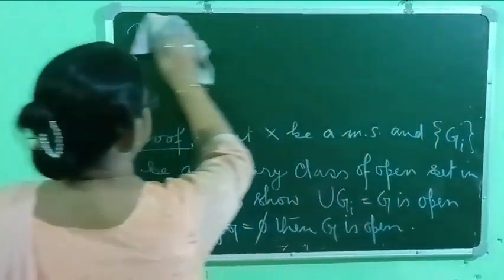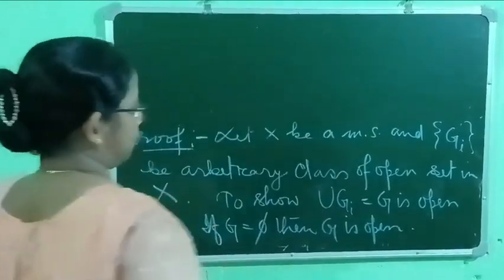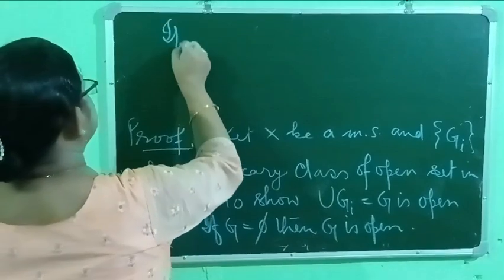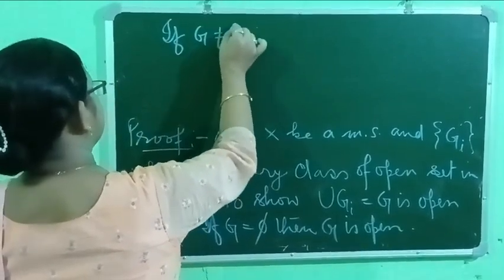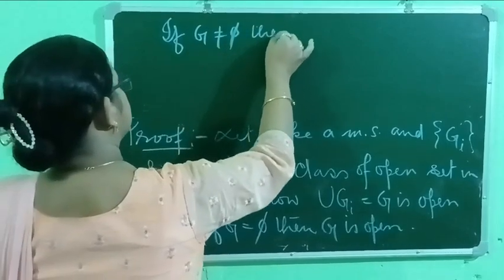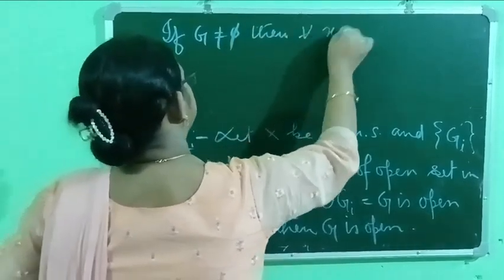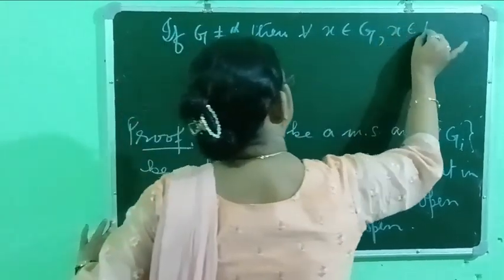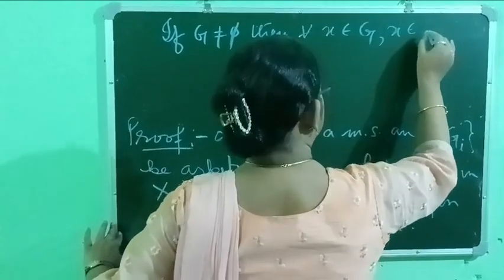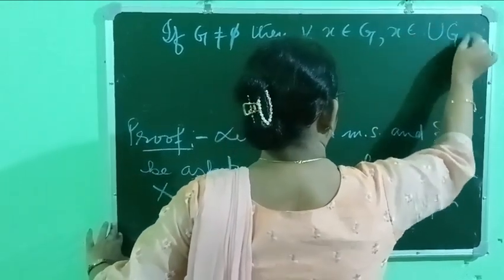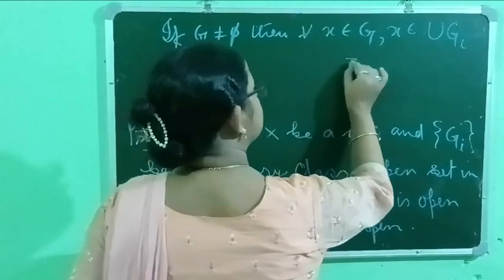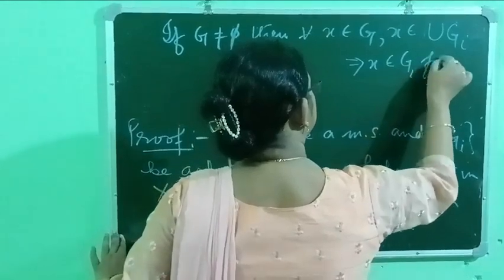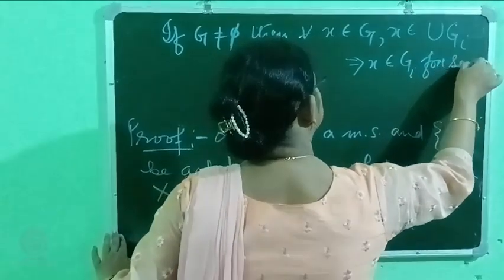If G is not empty, then we have to prove that arbitrary union of open sets is open. For all x belongs to G, x belongs to the union of Gi. This implies x belongs to Gi for some i.